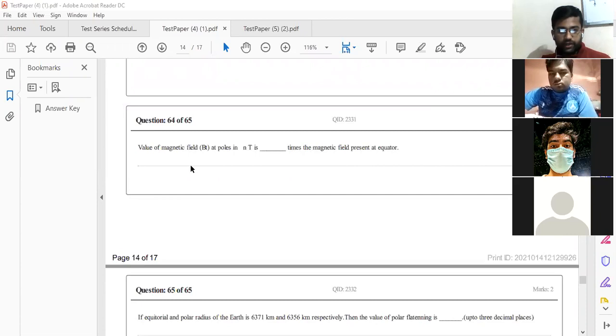The value of magnetic field at pole, in nanotesla, is how many times the magnetic field present at equator?